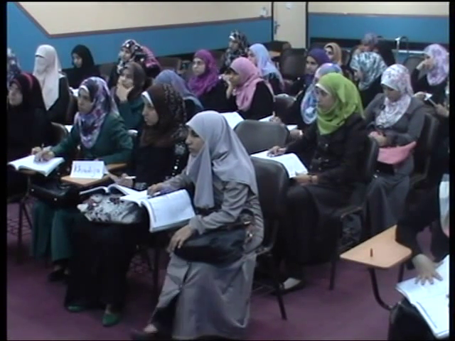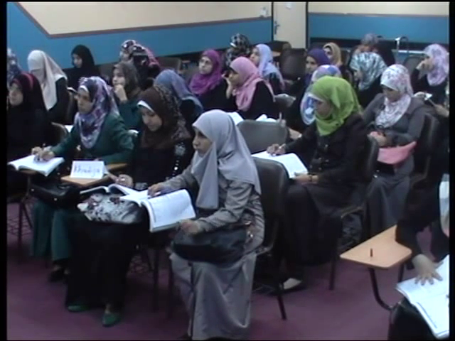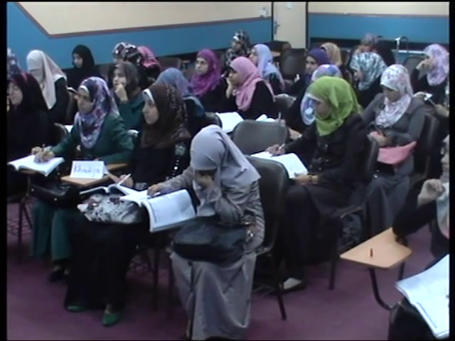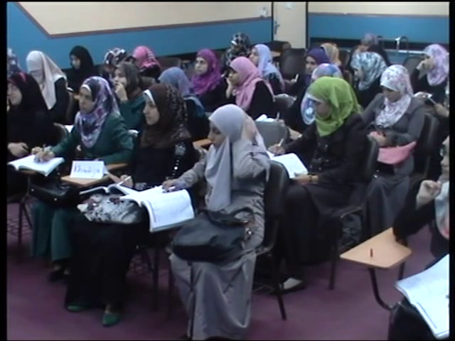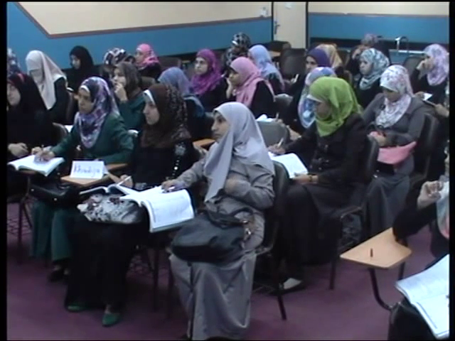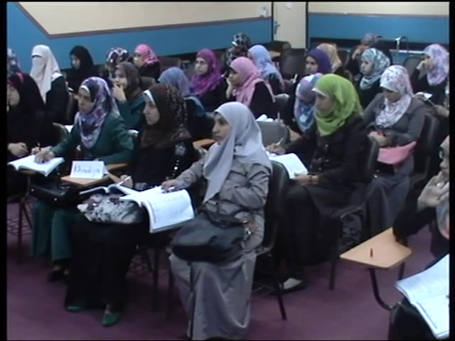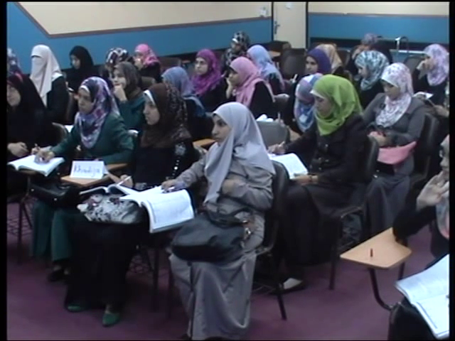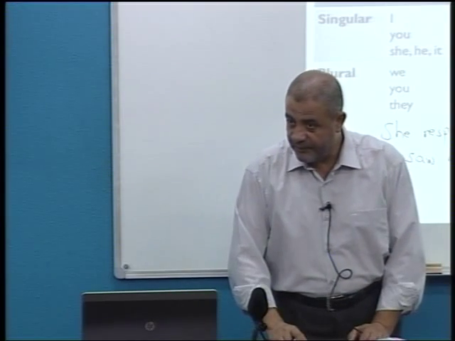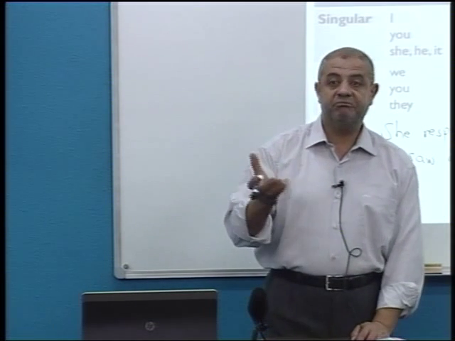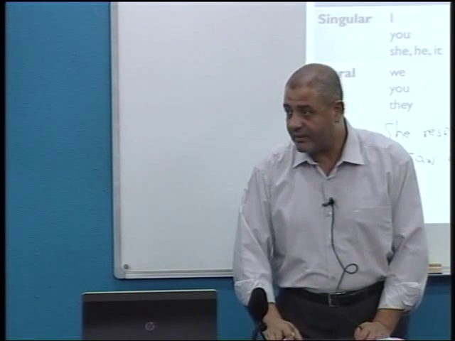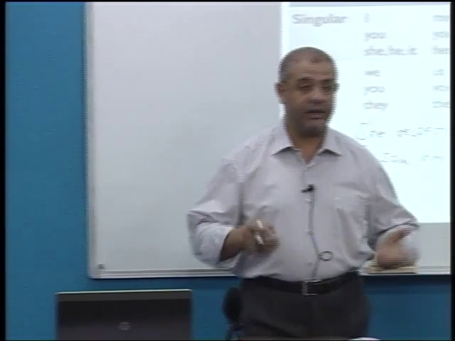So, a possessive adjective should always be followed by what? A noun. Adjectives are like that. Can I say this is a red, this is a beautiful, for example? No. This is a beautiful flower. It is a cold, what? It has no meaning, right? It is a cold weather.